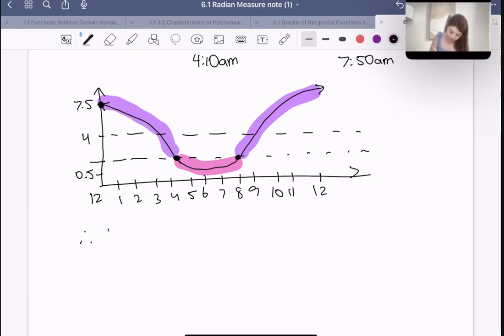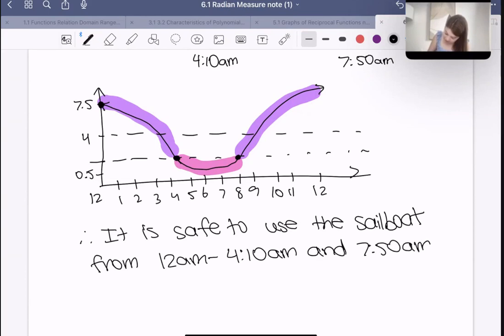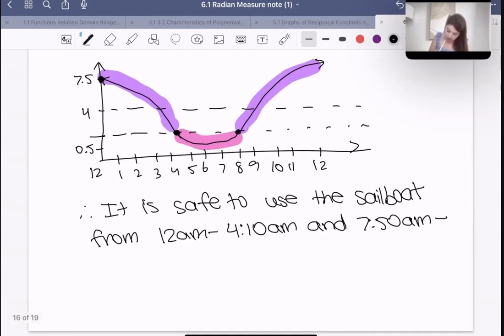Right. So therefore, it is safe to use the sailboat from 12 a.m. to 4:10 a.m. and then again from 7:50 a.m. to, well, you know, until we restart basically, right?